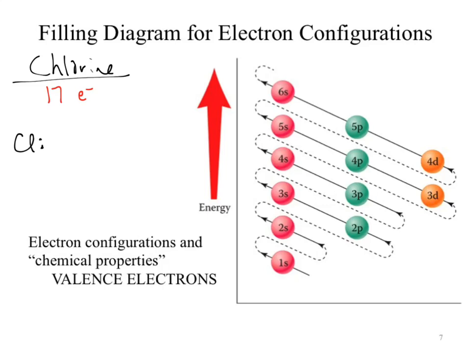All right, let's be tedious and draw it out long ways first. We're going to start with 1s2, 2s2, 2p6, 3s2, 3p5.